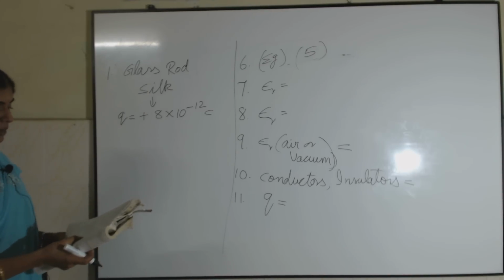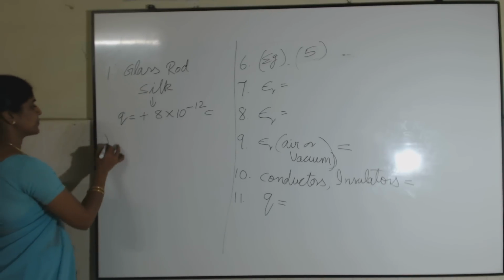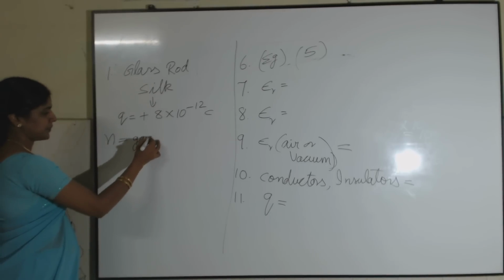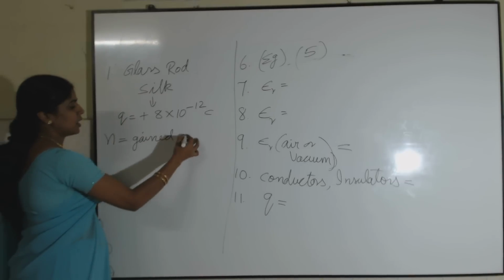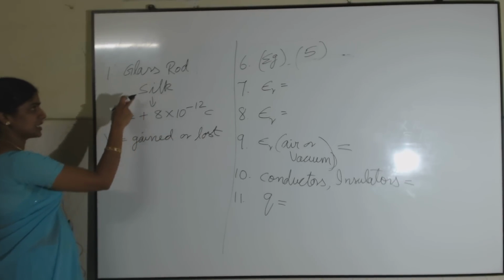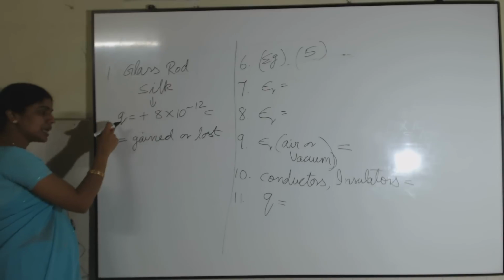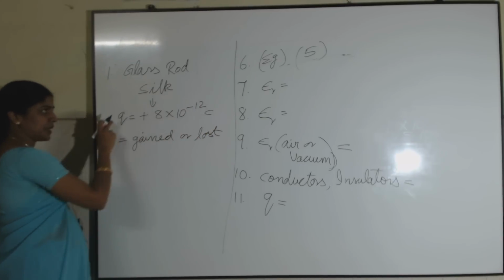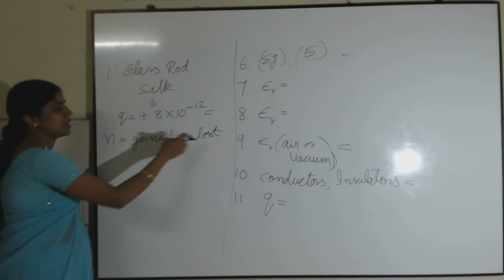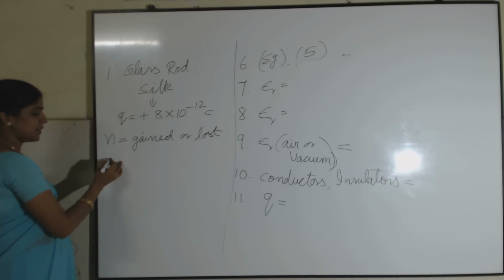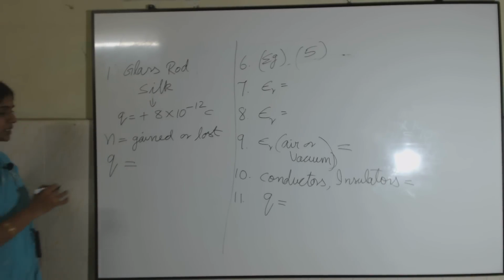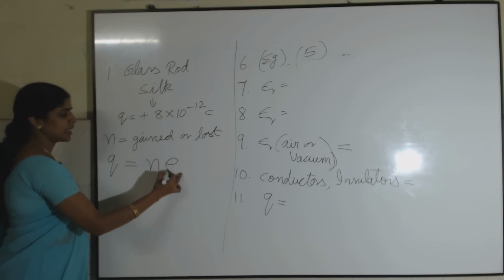You want to find out the number of electrons it has gained or lost. So you want to say, when a glass rod is rubbed with silk, it is acquiring a positive charge of this much magnitude. You want to say how many electrons it has gained or lost. So what is the formula for this? We know that by quantization of electric charge, Q is equal to Ne.